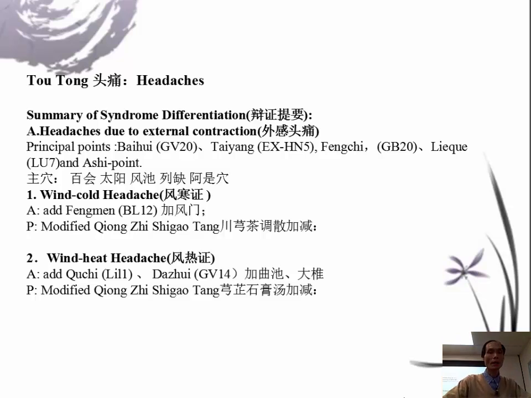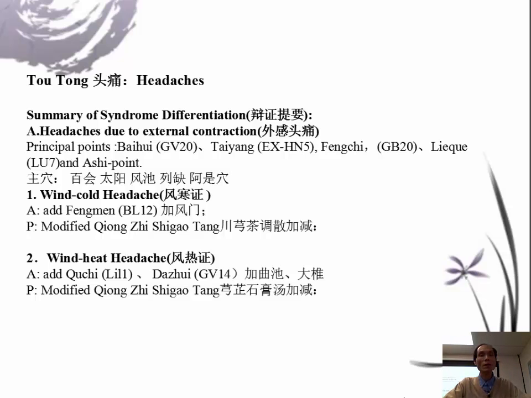Actually, the first one is 大杼, BL11, and below BL11 we have another point, BL12, which is 风门. According to the Chinese name, 风 means the wind. So anytime you see the term FENG, that means it is concerned with wind.